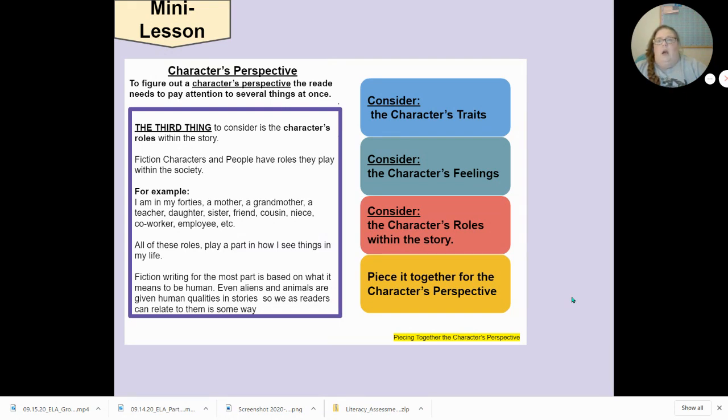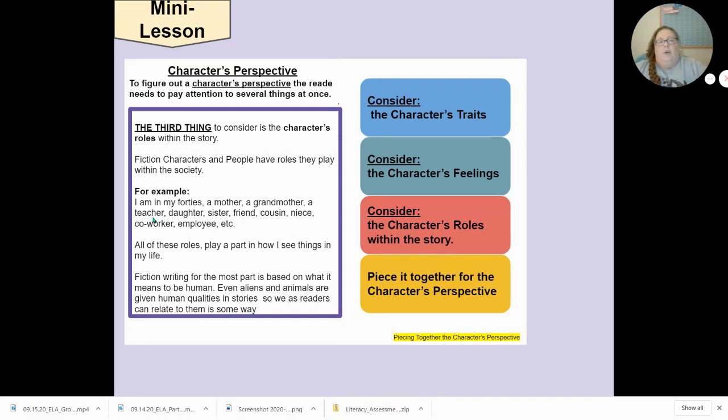Okay? So, having said that, when we go along with this journey, we have to look at how this person fits within society inside the story. And that's what the roles are about. So, for example, if we look at the roles that people play within society, my roles are: I'm a person who's in their 40s, I'm a mother, a grandmother, a teacher, a daughter, sister, friend, cousin, niece, coworker, and employee, and the list goes on and on.